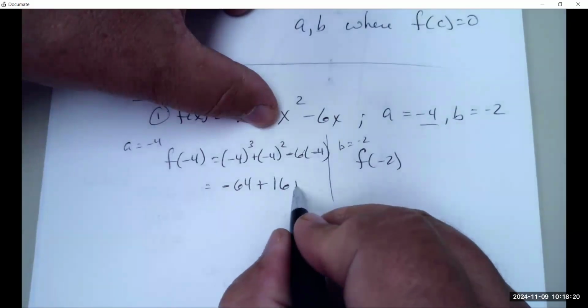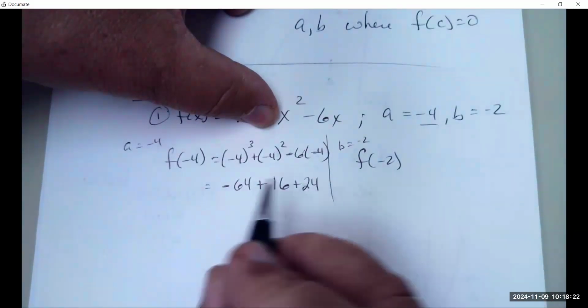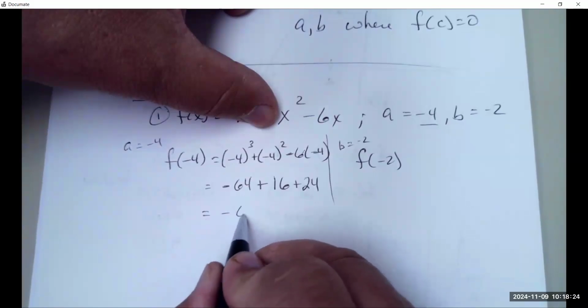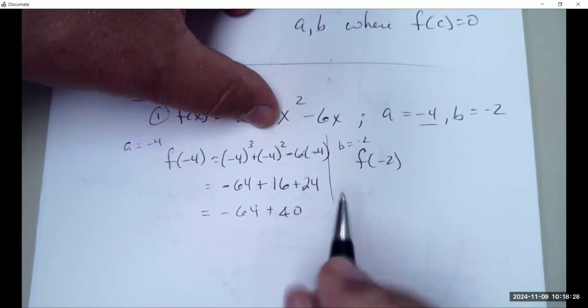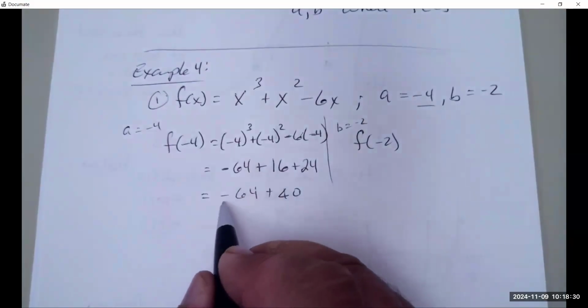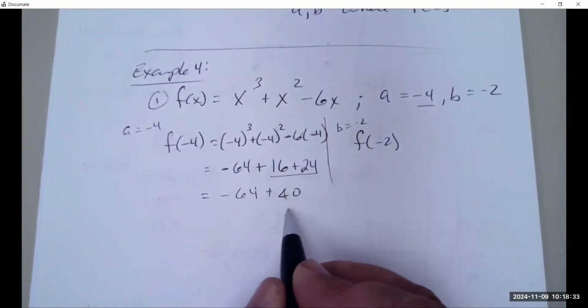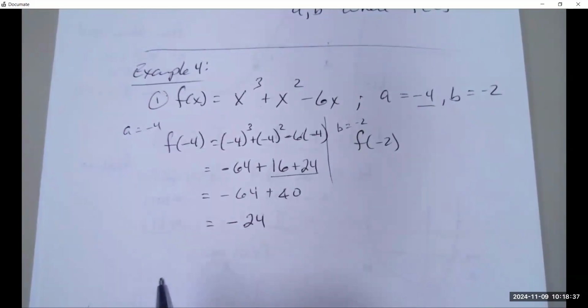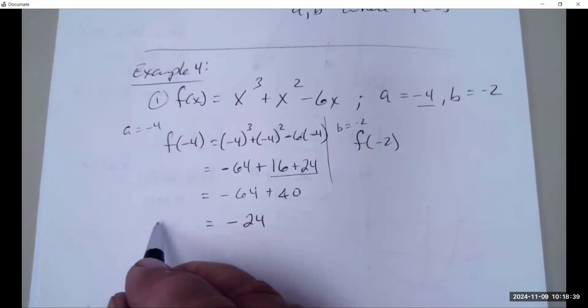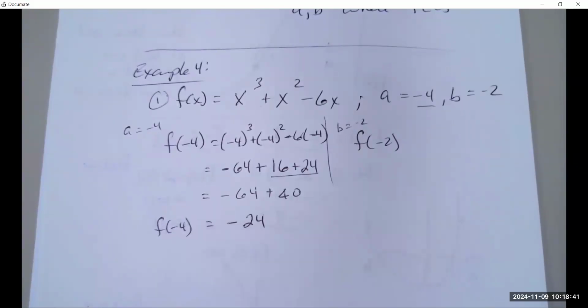Negative times negative is positive. 6 times 4 is 24. We have -64 plus 40 is -24. So when A is -4, f of -4 is -24.